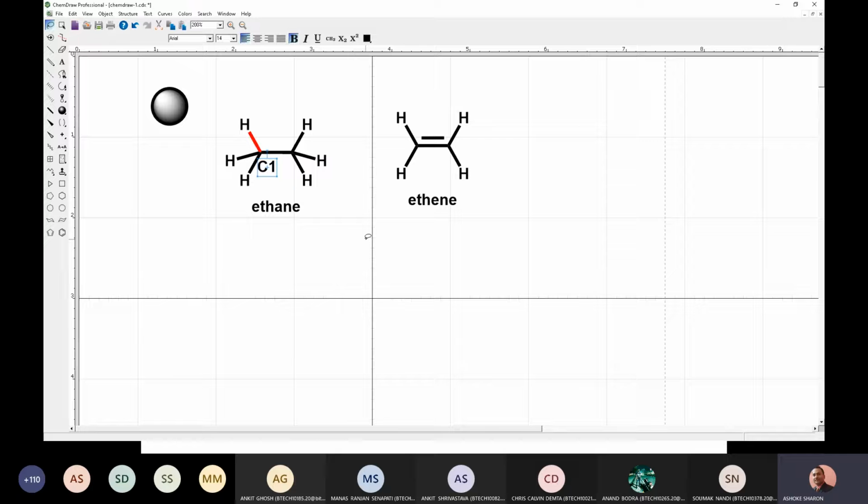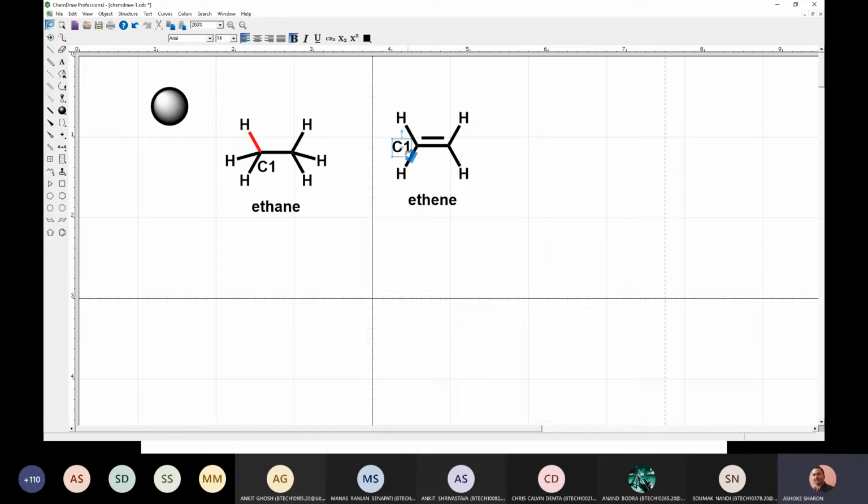Okay, Utsav, correct. What about this C1 at this point? How many sigma bonds do you have at this C1? Three. So here you have three sigma bonds.